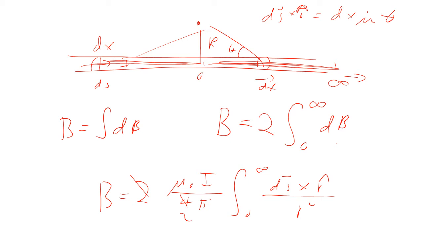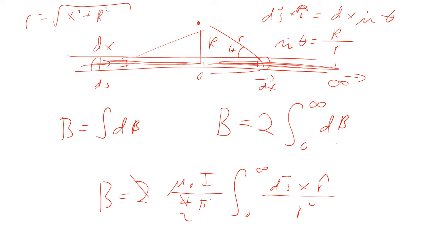Sine theta is going to be basically capital R over little r. Well, that's capital R right there. Okay. All right. So little r is going to depend on what is the x here. So r is going to be the square root of x squared plus R squared.